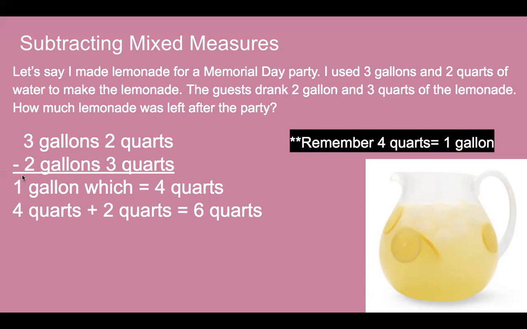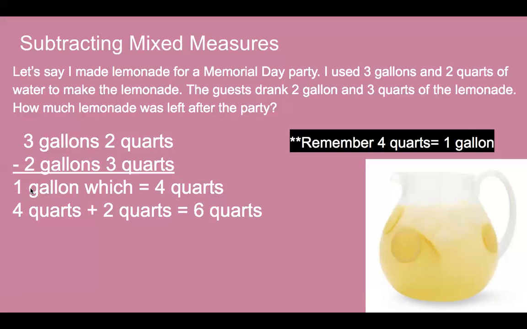Because what I can do is think of this 1 gallon that I got when I did 3 minus 2 as quarts. And then I can add on this amount to this number of quarts. And then won't I have enough to subtract the 3? Let's try it.